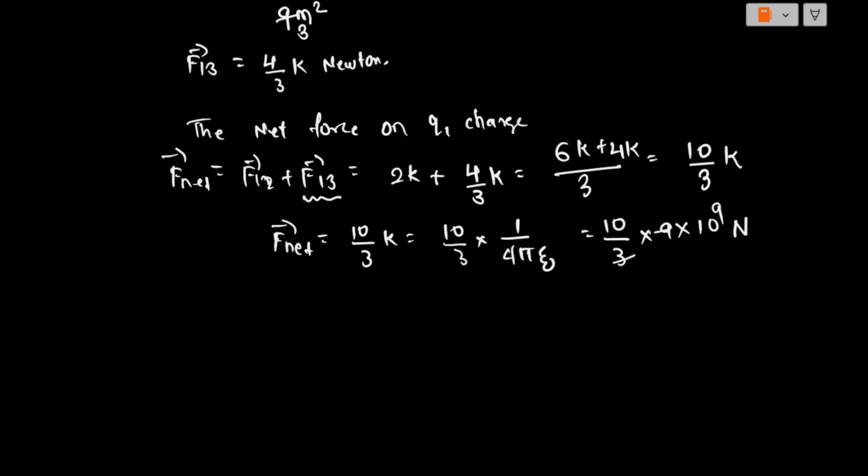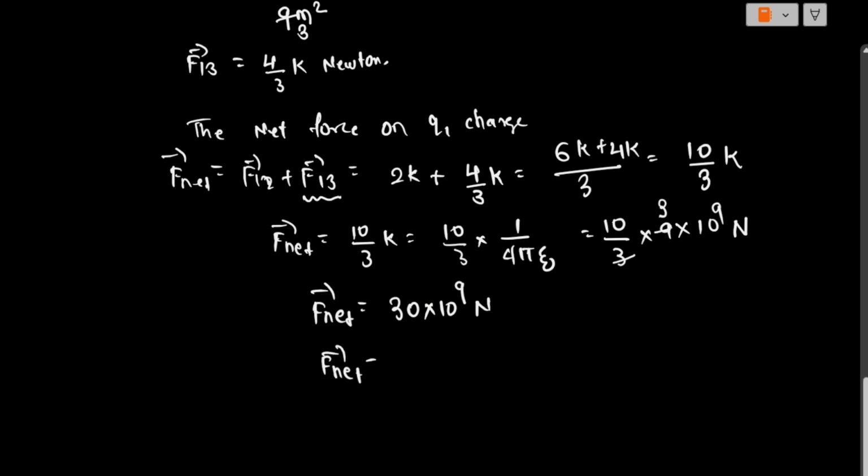Now 3 and 9, the 3 cancels out, so 3 times 10 into 10 to the power 9 Newton. We can also write that F net is equal to 3 into 10 to the power 10 Newton, right? So this is the force applied on the q1 charge.